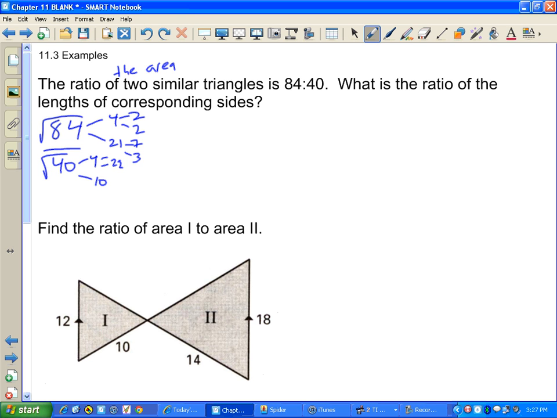This is 2 and 2 and 2 and 5. So I've got 2 square root 21 over 2 square root 10. The 2's cancel. The ratio of the lengths of the corresponding sides is square root of 21 to square root of 10.